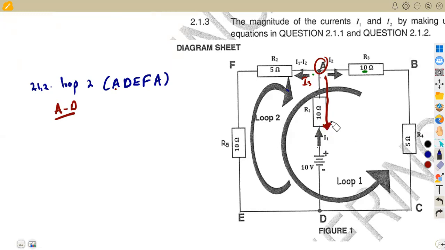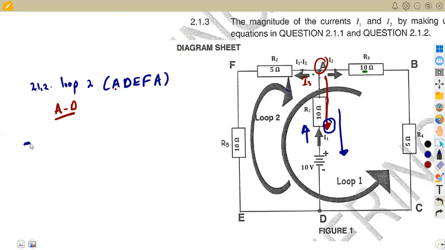According to the direction of the loop, this is the direction of our arrow. We are going down. But here, this is going up. So we are opposing this one. So what is going to happen is that the current is going to be taken as a negative. The same thing what is happening was here, it's a positive. So it is going to be affected by a negative. So it will be negative, positive, which is going to be a negative in this case. So the voltage here is going to be also affected.